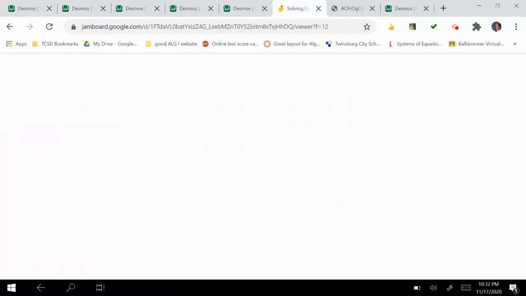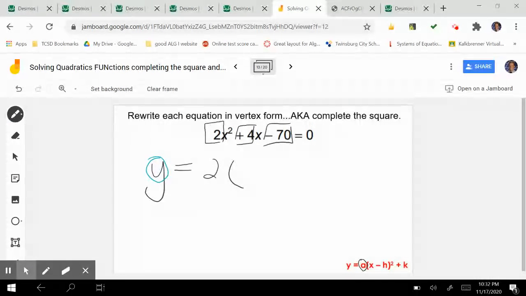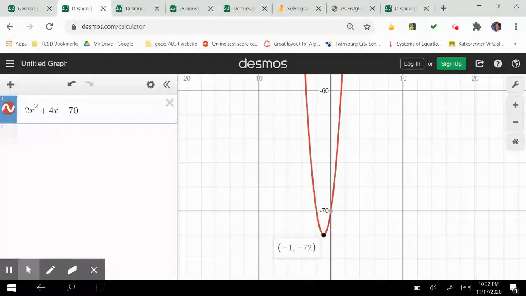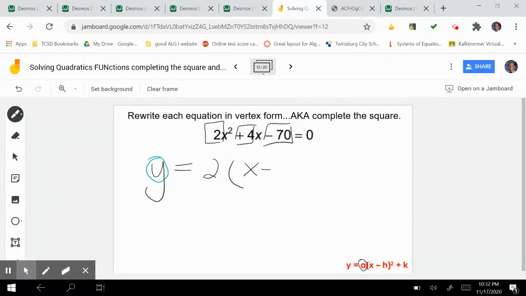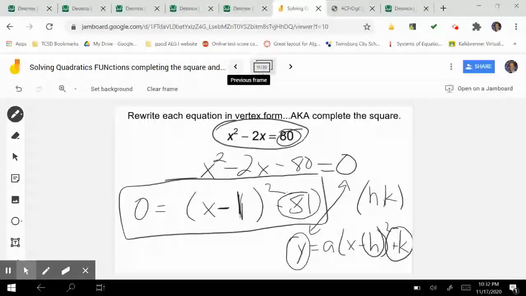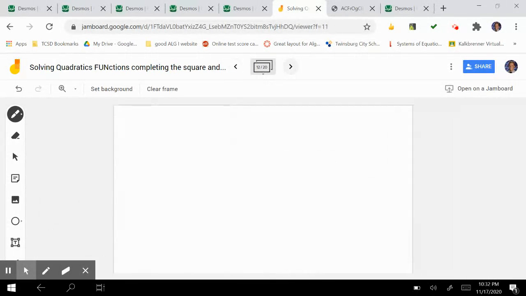Where does the vertex go? It's x minus, and that value is negative 1. So what's the opposite of negative 1? Positive 1, so it changes that. Remember that shift changes it left. I square that here. Did I forget to square it over here? Nope, I did.